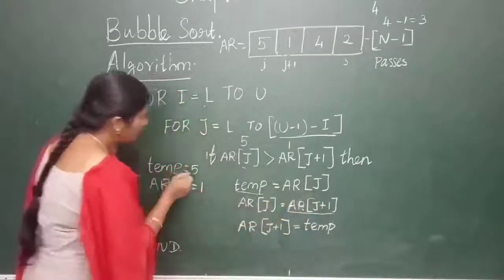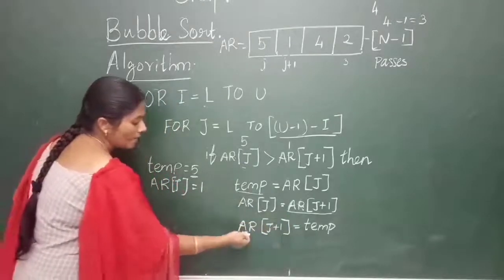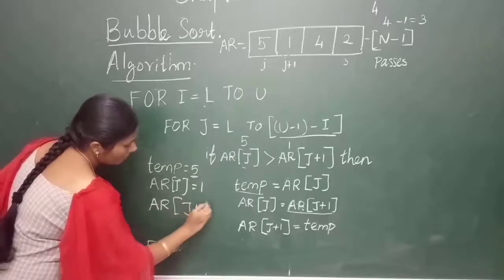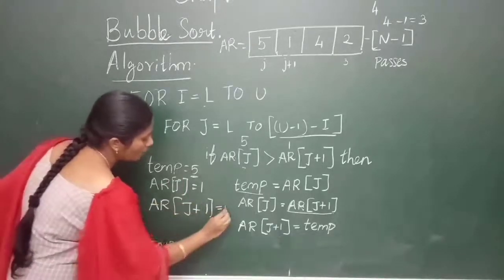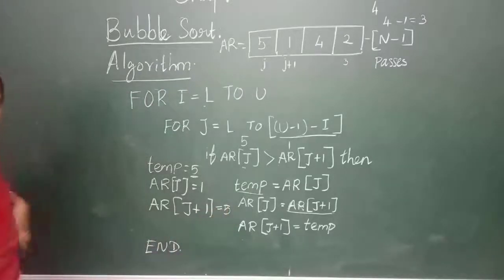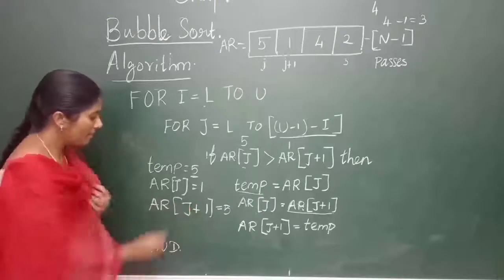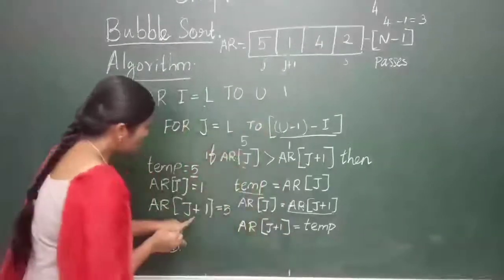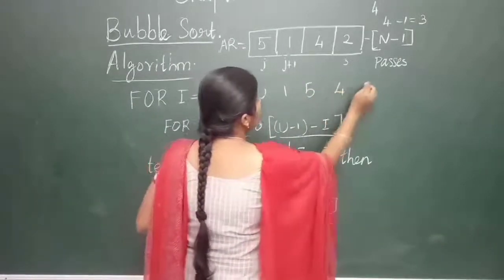What is the value of temp now? 5. So 5 is stored in array of j plus 1. Students, can you understand? Now we did the swapping, because array of j is now 1 and array of j plus 1 is 5.